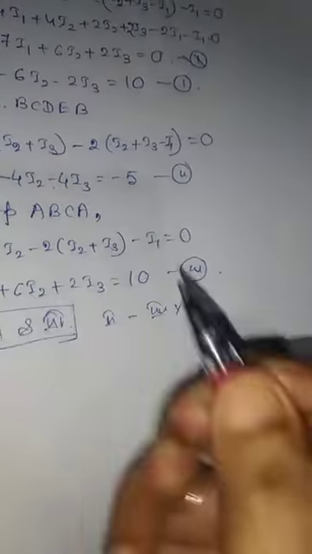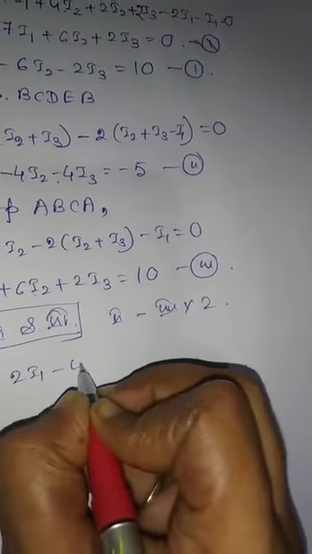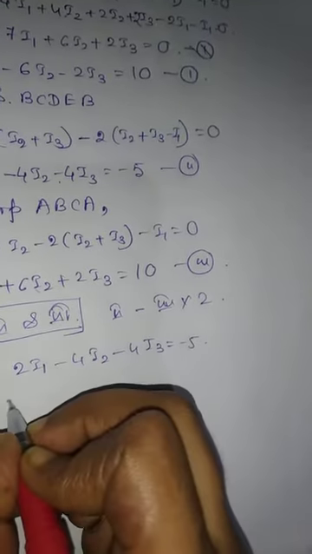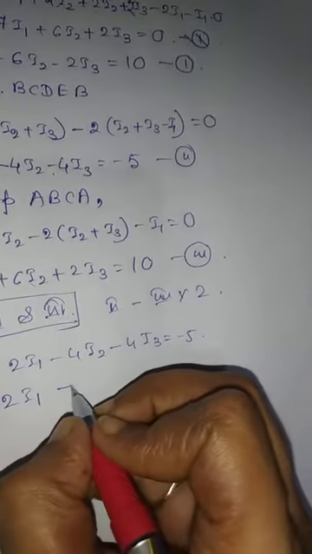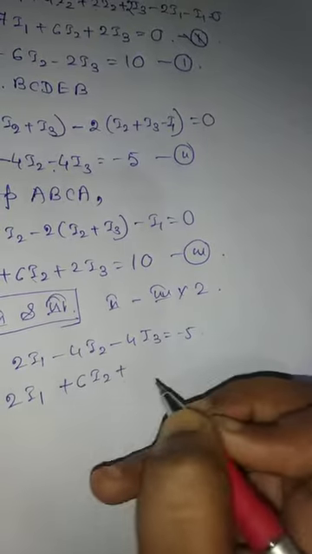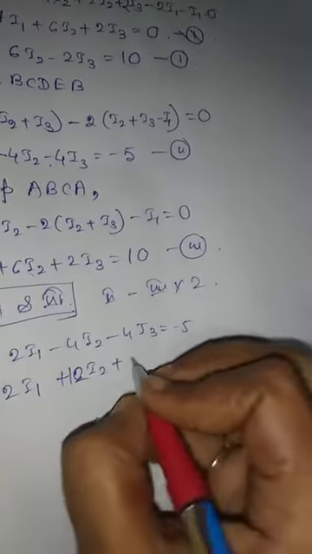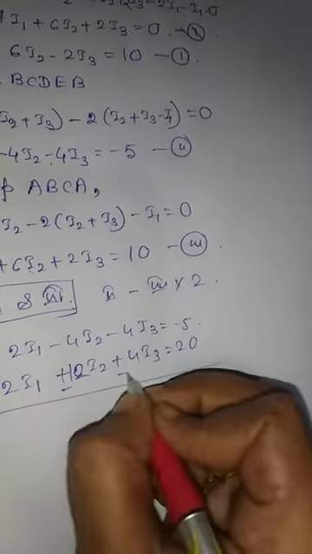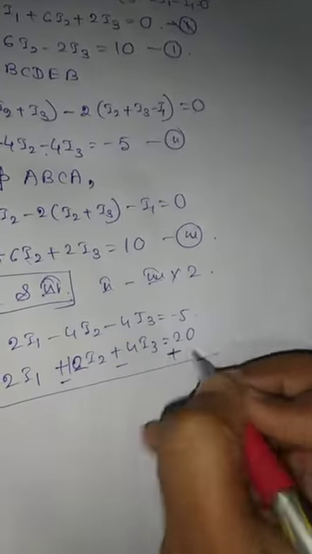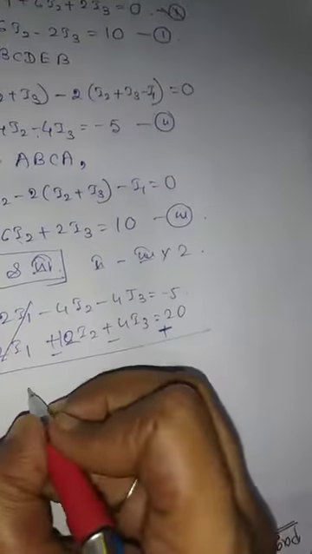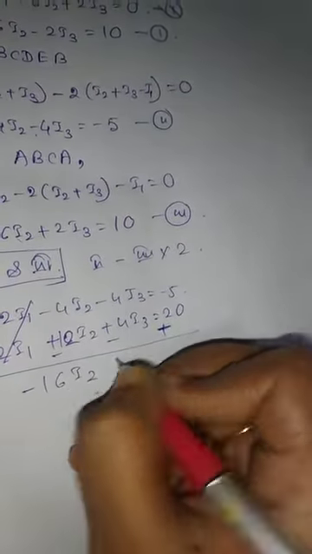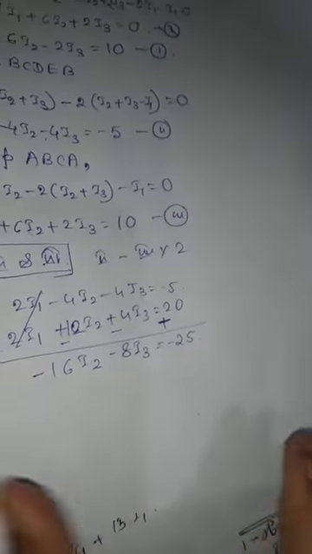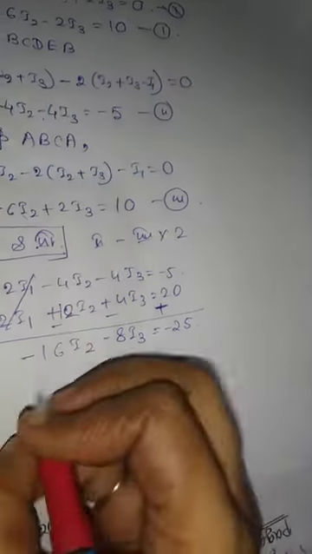This method of elimination I am applying. 2I1 minus 4I2 minus 4I3 is equal to minus 5. 2I1 plus 6 into 2 is 12I2, plus 4I3, that will be 20. Doing the minus, I1 will cancel out. So minus 16I2 minus 8I3 equals minus 25.